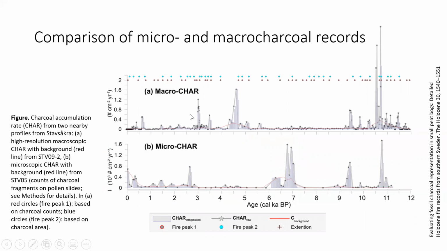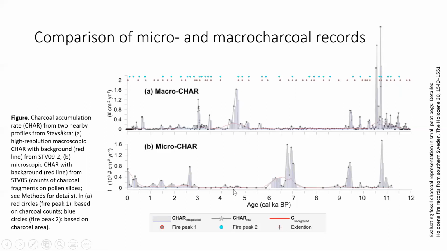With the macroscopic charcoal record, we get an indication of more local fire, and when compared to the microscopic charcoal record, giving an indication of regional fire, we see that maybe in the area of this study, in the surrounding regional scale, there have been some fire events, especially here, that are not recorded in the local charcoal record. So this suggests that probably in the area there have been fires, but the fire has not reached this sampled site, at least in high numbers.